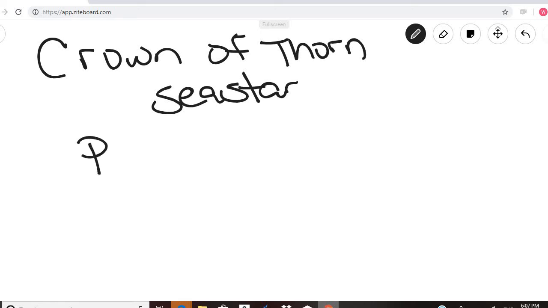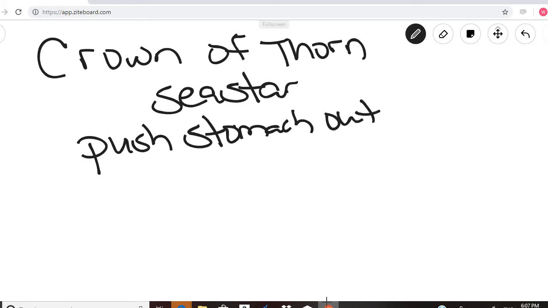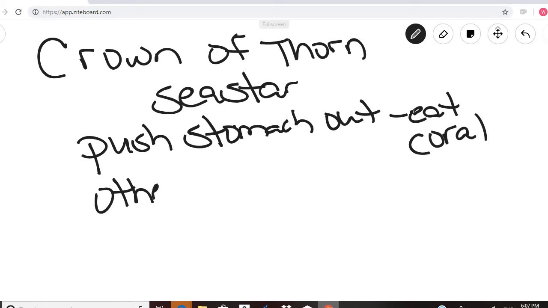So they push their stomach out and they'll eat coral. However, there are other organisms that live on the coral, like crabs and shrimp, and they will fight the sea stars.